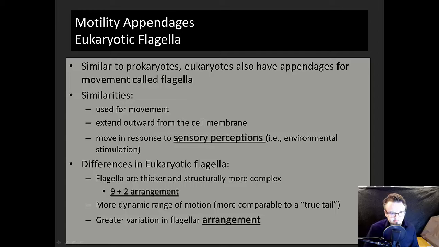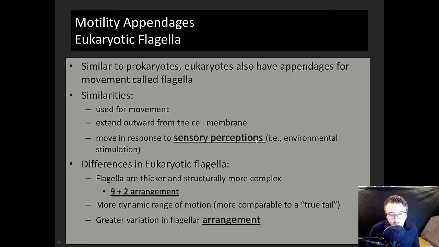But as a general example, we see a structure that is also called the flagella, found in eukaryotes, just like we saw in the prokaryotes. And just like in the prokaryotes, it is used for movement as well. So it's a tail-like structure. It extends from the membrane outward and acts in most cases as a propulsion device.